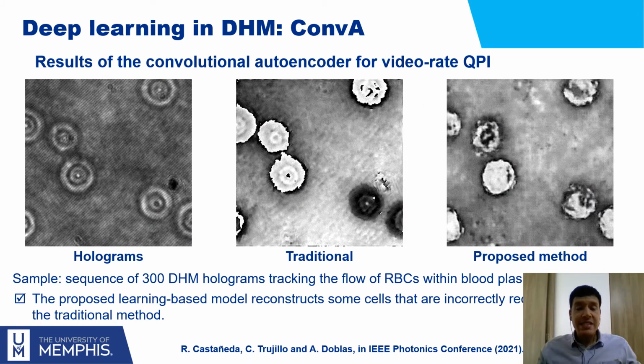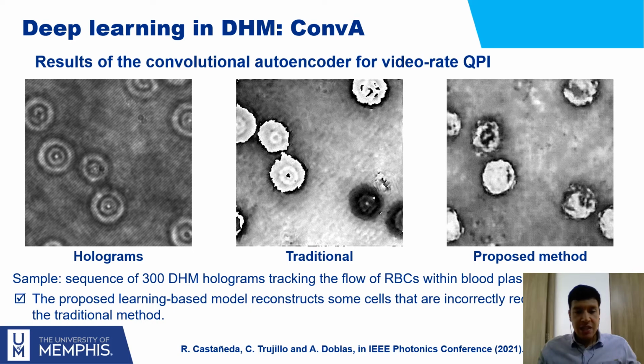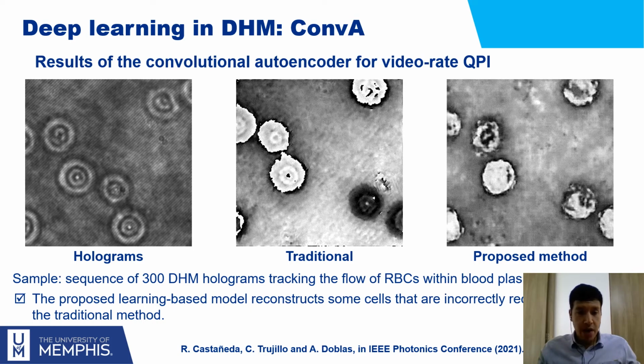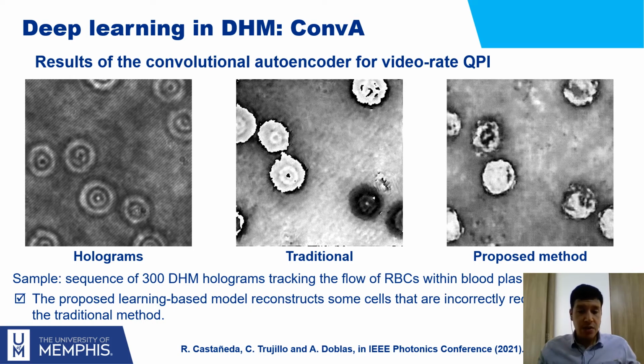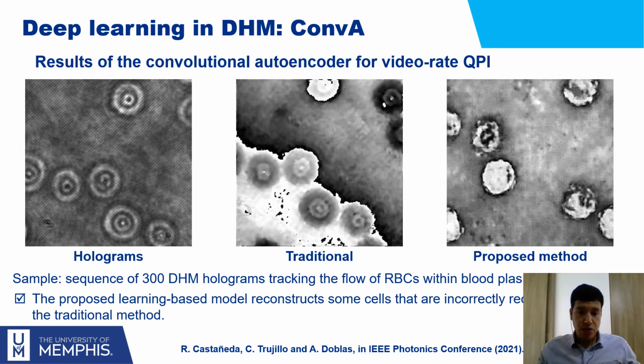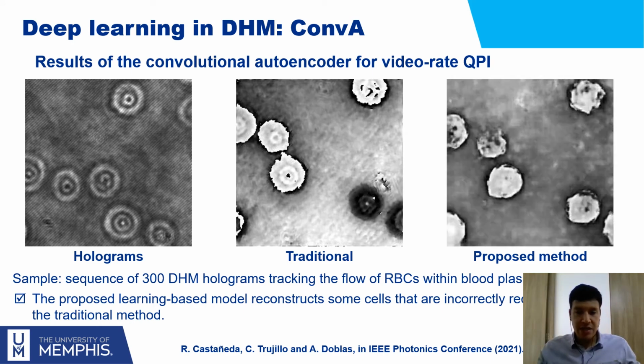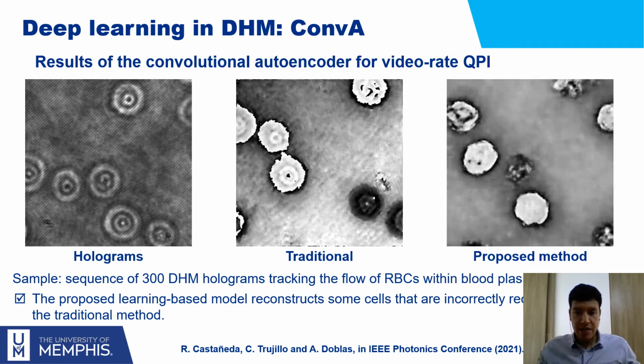Okay, in this slide we can see the results of testing the video rate performance of the method. We see that this is a video of the holograms acquired. We see in the second video that by using the traditional method, we can reconstruct this specimen that is moving, but we see a lot of different instabilities in the phase information that is provided.